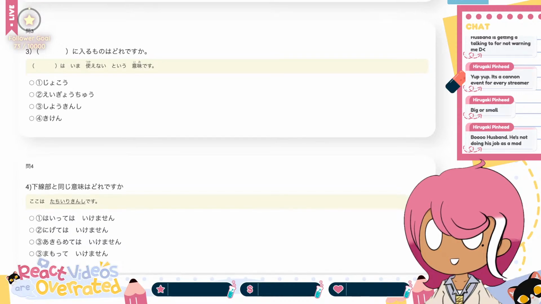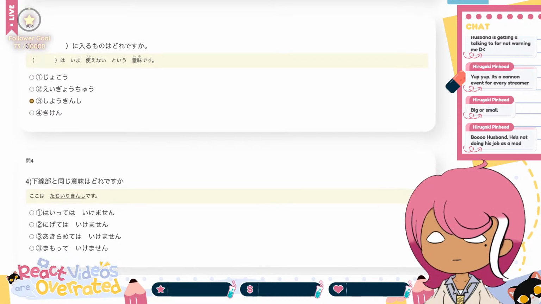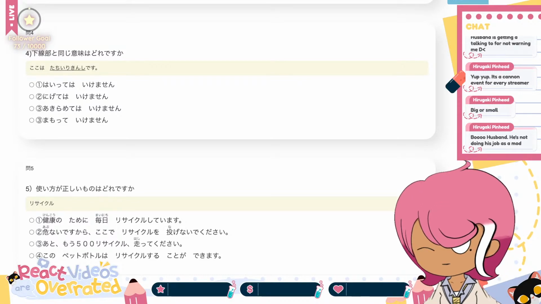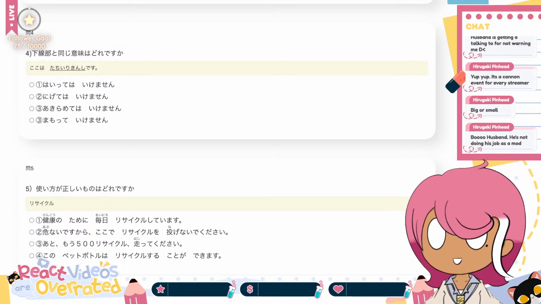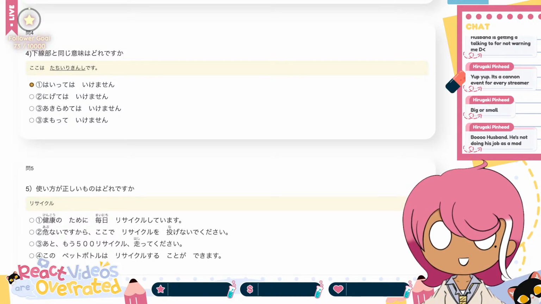Blank は今使えないという意味です. What did I say for this one? This one? 賞金士? I think. ここは立ち入り禁止です. So that one was 立ち入り禁止. Keep out. 入ってはいけません. So that one. 入って as in like 入る.